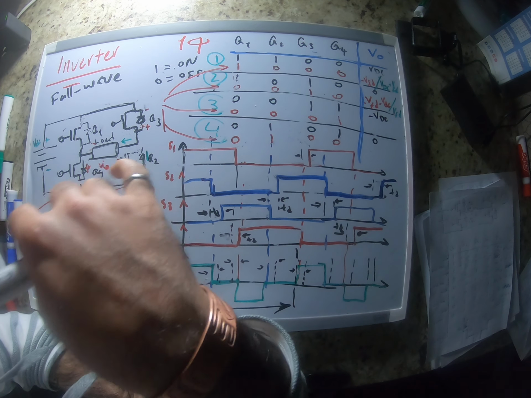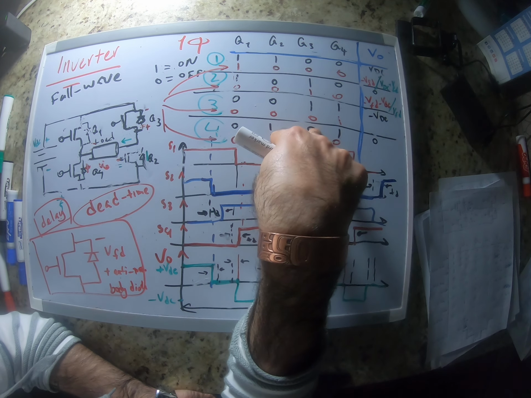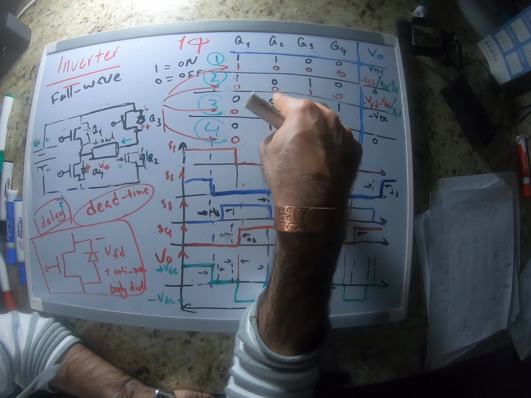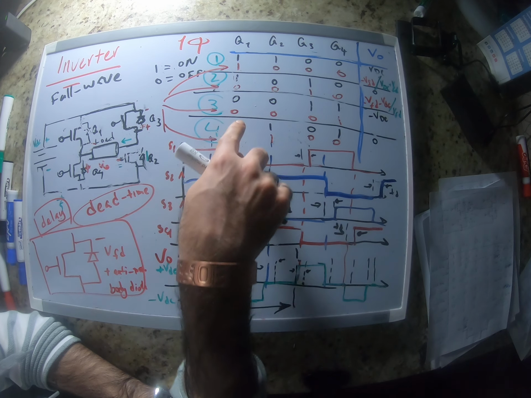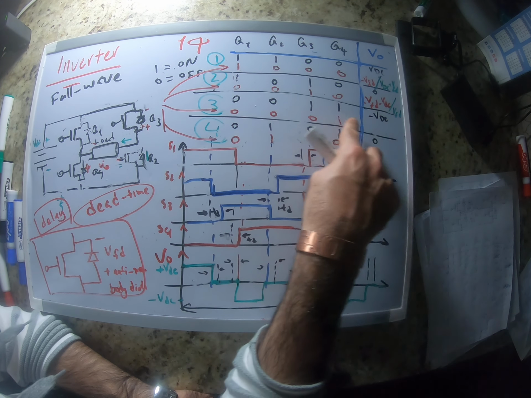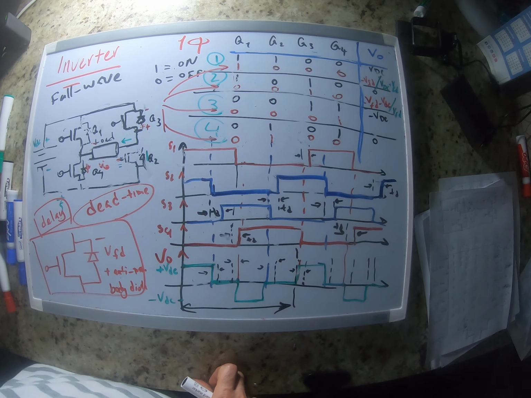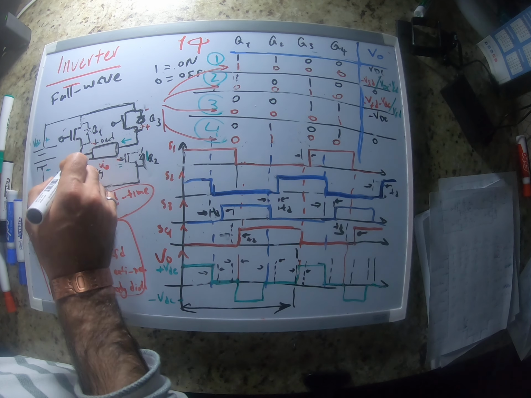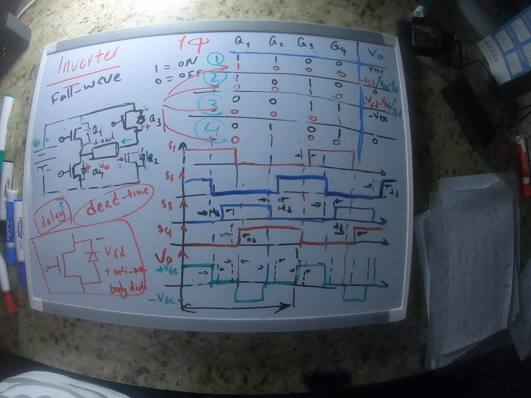In order to avoid having both 2 and 3 on at the same time, we first turn switch 3 off, keep 2 off, and then turn 2 on. So this is the middle state that we have now. At this point, switch 4, which is this one, is on.